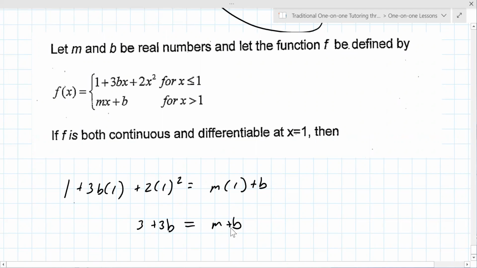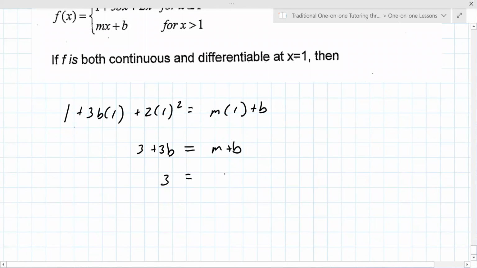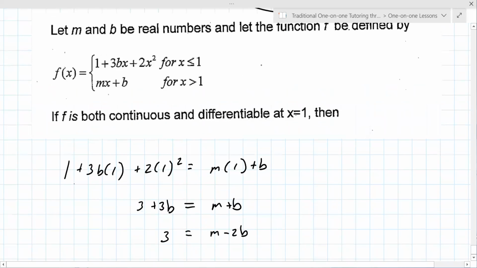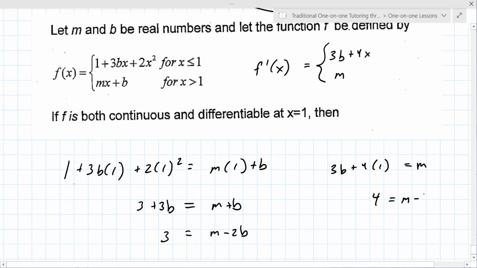And if you just move this over, because I think this one's a little bit harder, you get m minus 2b. But again, same problem. You don't have derivatives. So you take your derivatives of each, 3b plus 4x, and then m down there, and then you try it at 1 again. So you get 3b plus 4 times 1 equals m, and you get 4 equals m minus 3b.